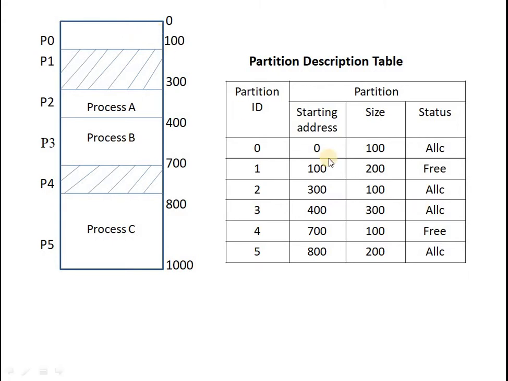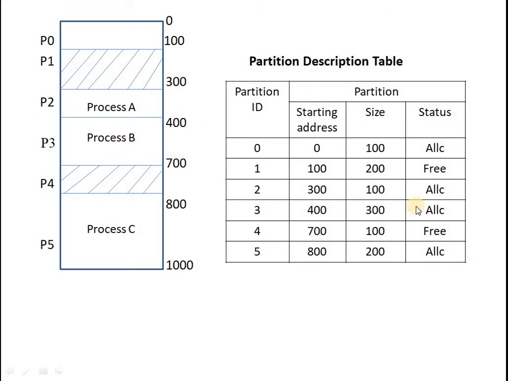shows the allocation. Next, the process P2: its ID is 2, and its starting address is 300 and ending 400. So the total size required is 100 MB and its status is allocated. Likewise, process P3: its ID is 3, starting address is 400, ending at 700.